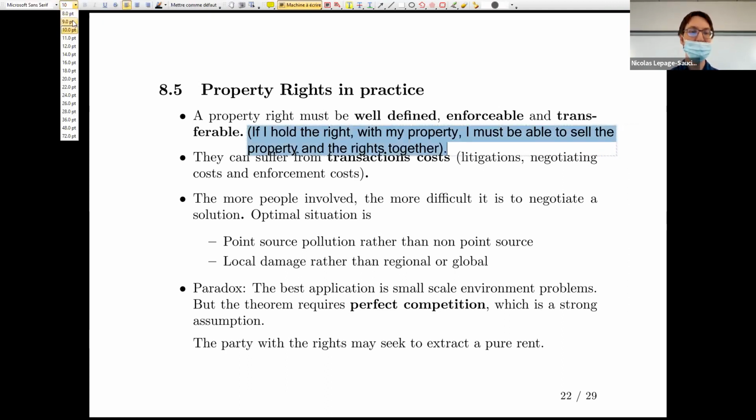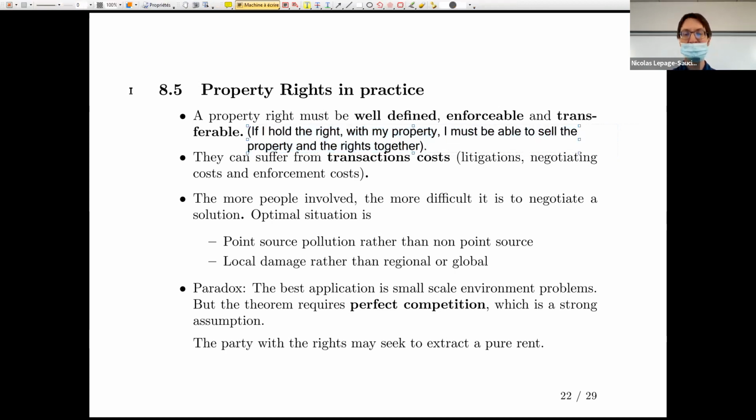Otherwise, it's not something that's as liquid as some other asset. So it must always be possible for me to take full advantage of having the rights. If I don't want to own this river anymore, but some other buyers come, then they must know that they don't have to go to court to make their case again. Otherwise, it's just not worth it for me to even start the whole process.